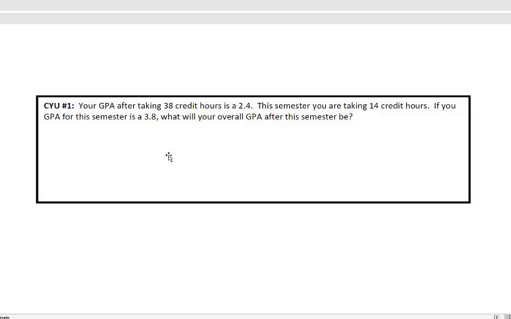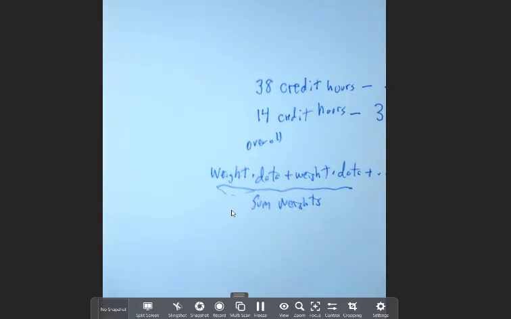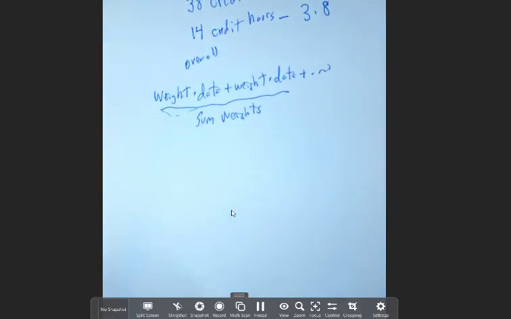So this is a weighted average. So let's look at it this way. Here's the data, right? This is how you always work a weighted average. You might want to write this down on your 3x5 note card too. It's the weight times the data plus the weight times the data plus the weight times the data, however much you have, divided by the sum of the weights.